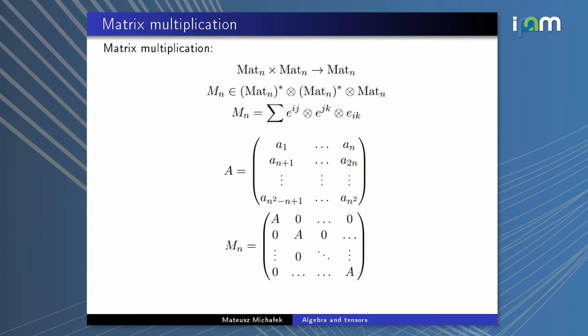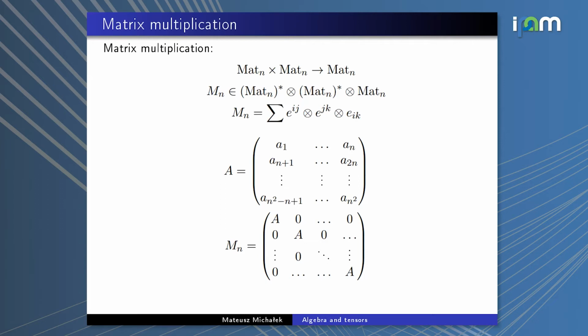So all of them are completely arbitrary. This is an n square dimensional space of n by n matrices. And it turns out that as a space of matrices, this matrix multiplication tensor simply has the block form as follows, where on the diagonal, I put this n square dimensional space of matrices. I repeat it in blocks, and all the other blocks are 0.